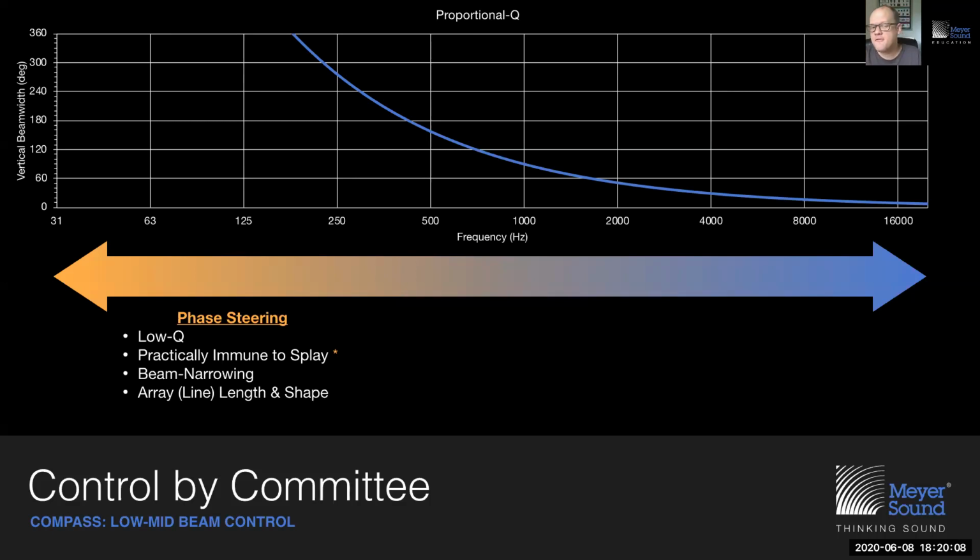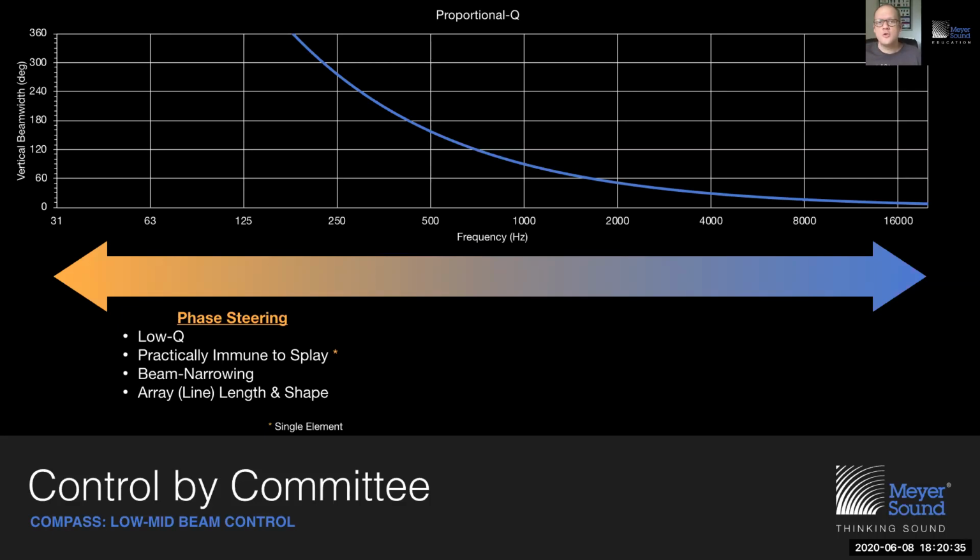So that is phase steering. That is the driving mechanism at low frequencies where we have to rely on phase steering because the loudspeakers are still omnidirectional. Now, as we start to go up in frequency, our single line array element starts to become narrower and narrower to the point that it becomes the ultimate point and shoot loudspeaker. I mean, seriously, by the time you're at 16 kilohertz with 10 degrees of vertical coverage, that's a laser.